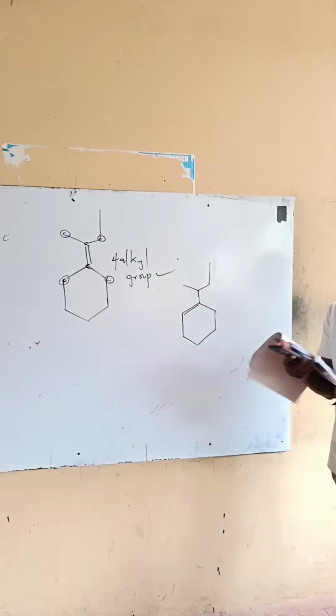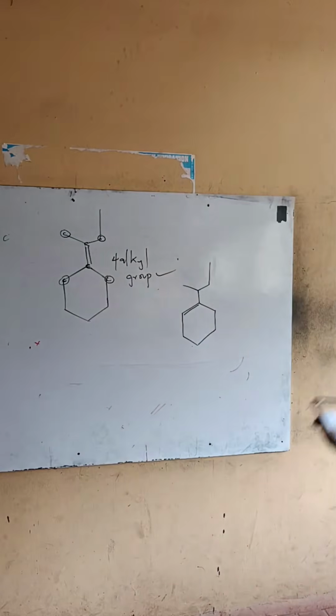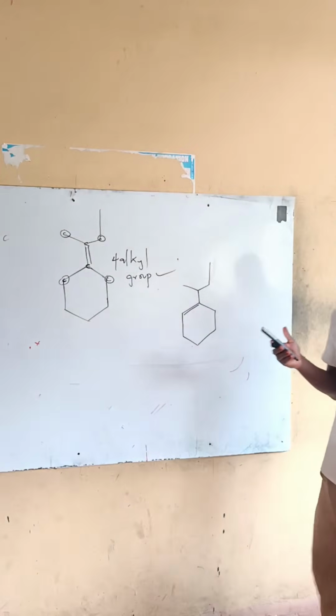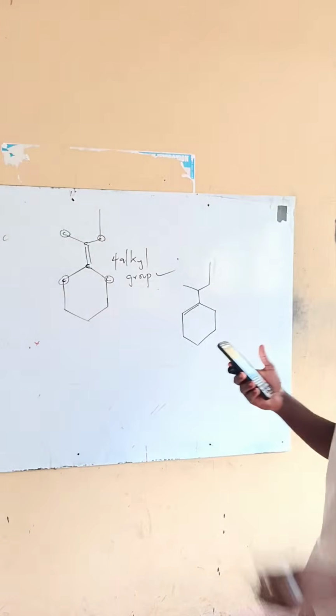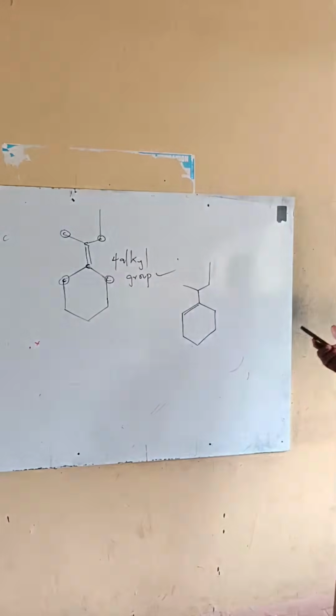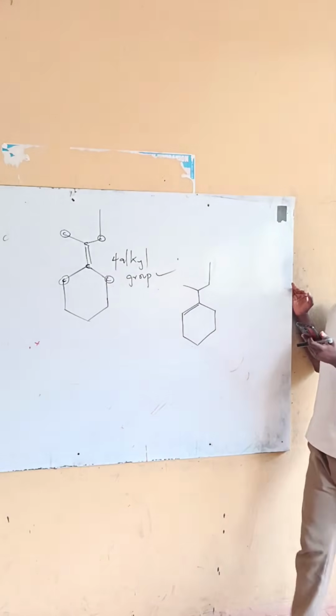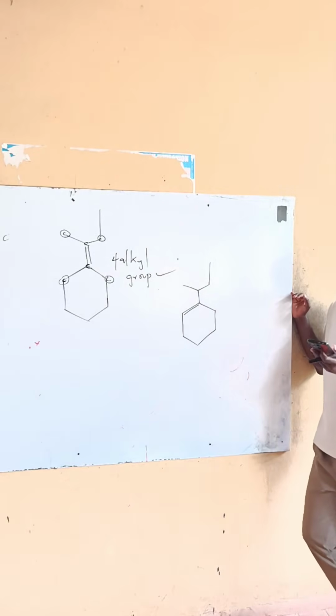Now, this is another one from that question. Everybody, how many alkyl groups are attached to this alkene? 3. I'm giving the answer.